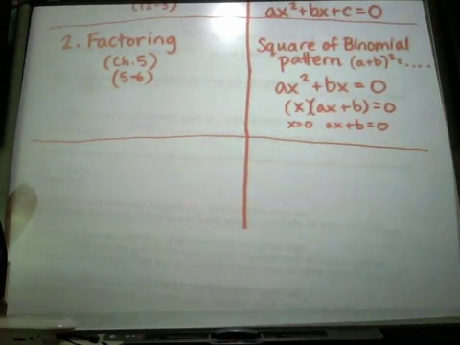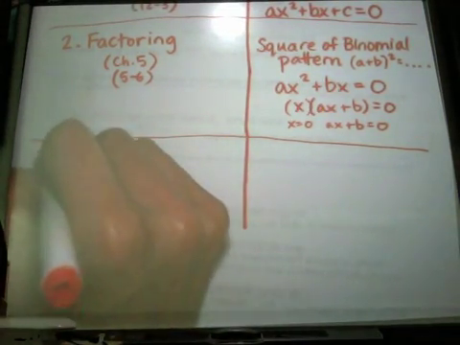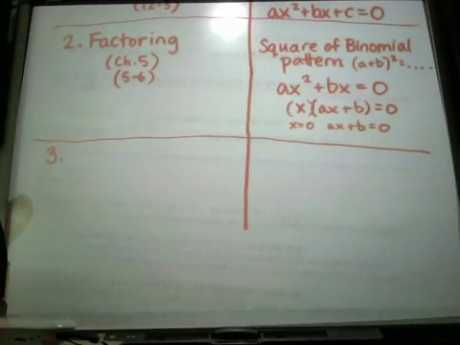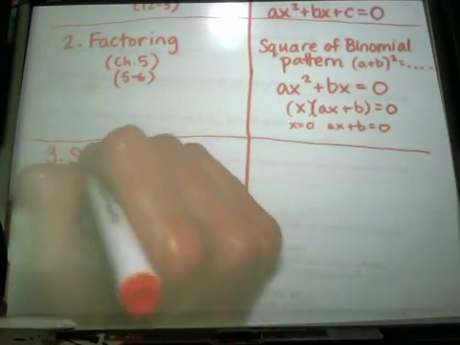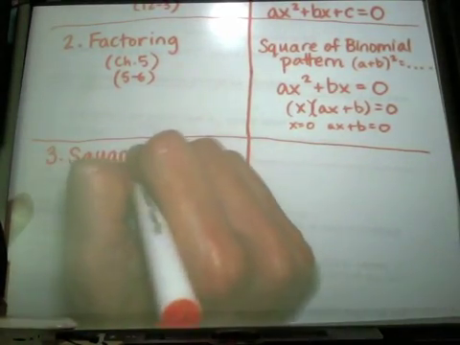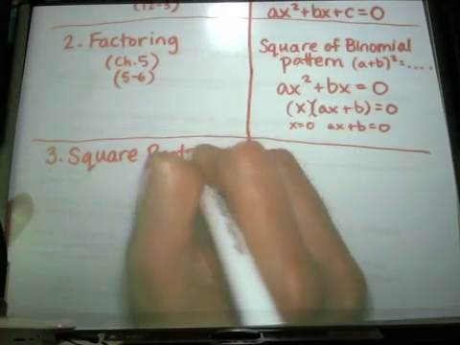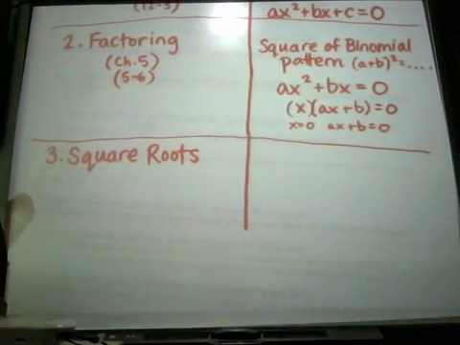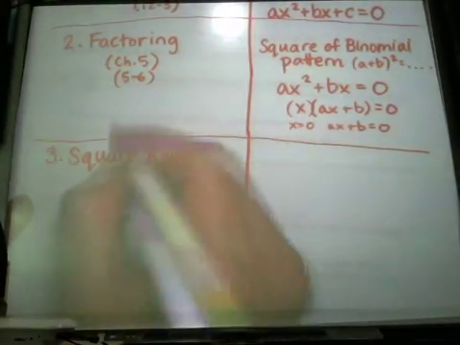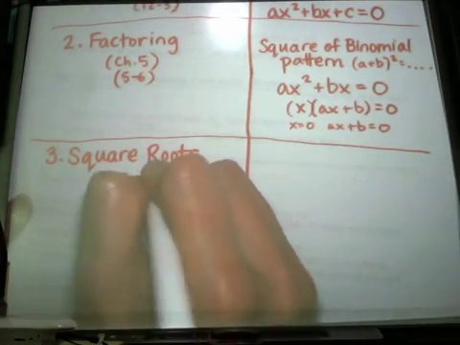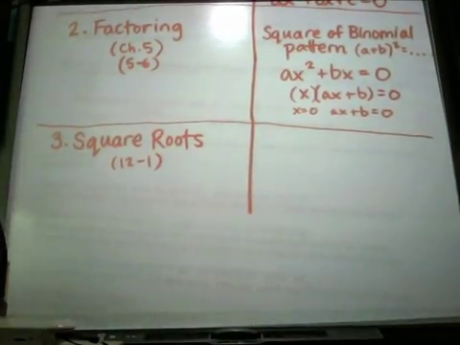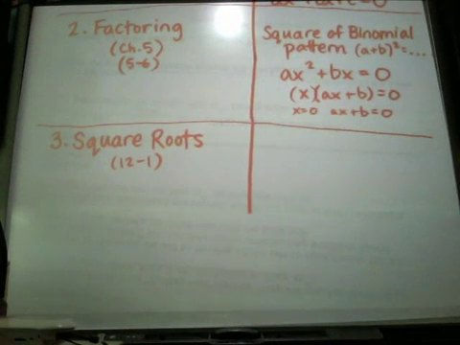Factoring. Okay, method 3, square roots. They describe it in the book as using the property of square roots of equal numbers. I like to just refer you back to lesson 12.1. This was the beginning of our chapter where we had equations with perfect squares.